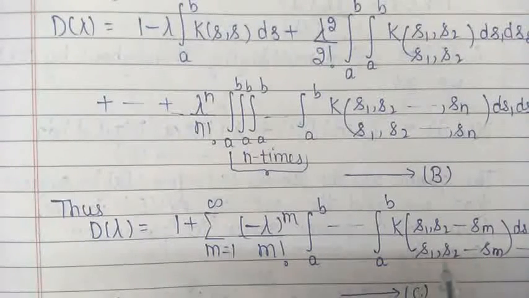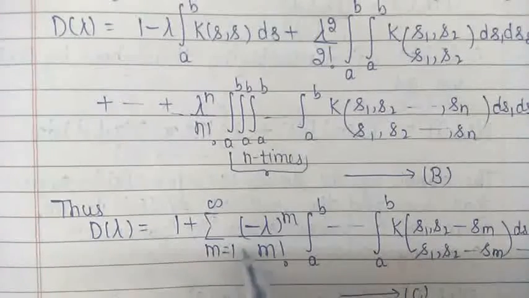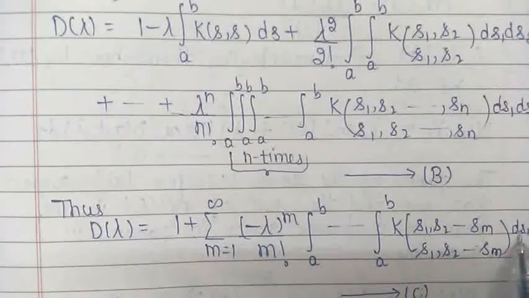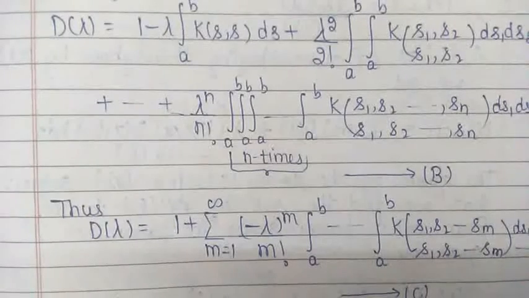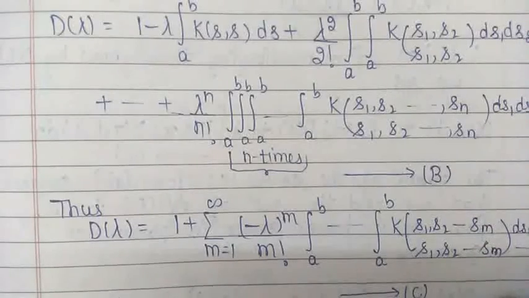In the second row we have s1, s2, s3, ..., sm. And these integrations are with respect to the variables s1, s2, s3 and sm. So till now we have obtained the Fredholm first series. The remaining part of this theorem we will continue tomorrow.